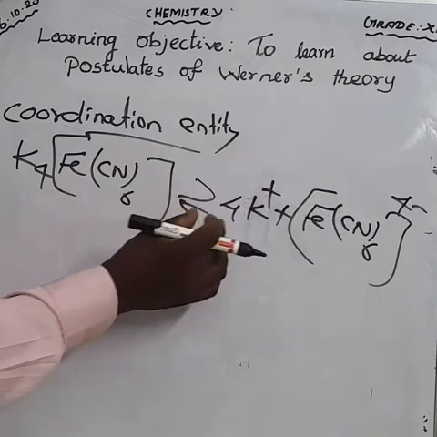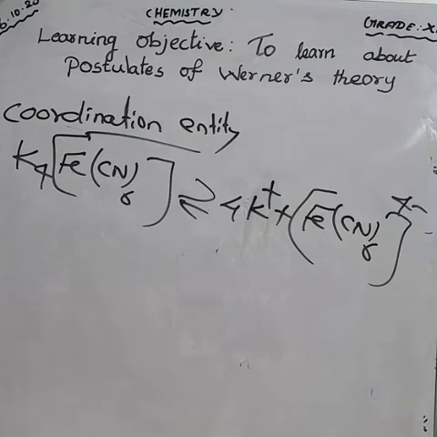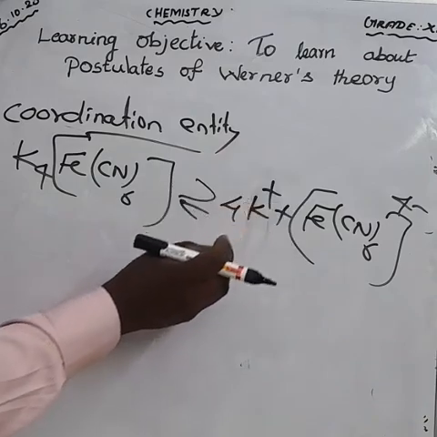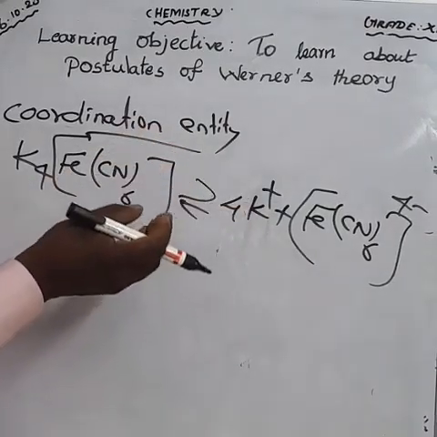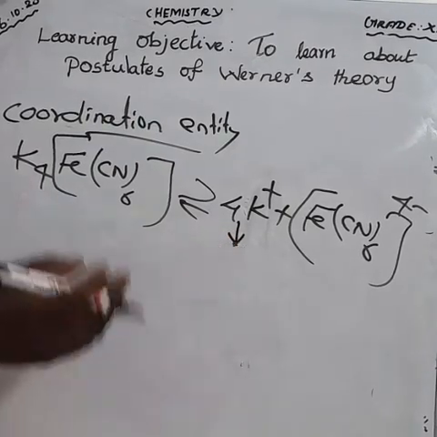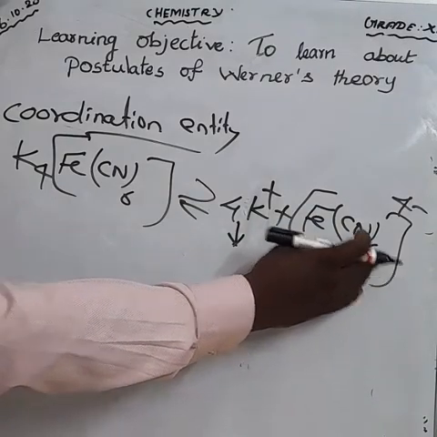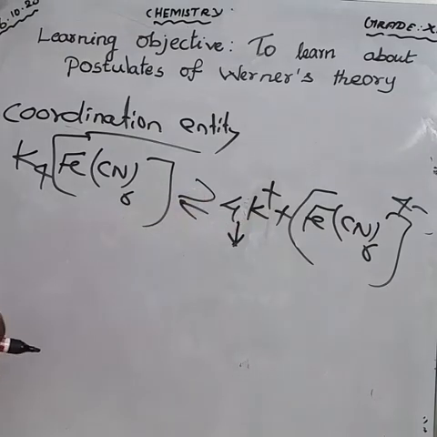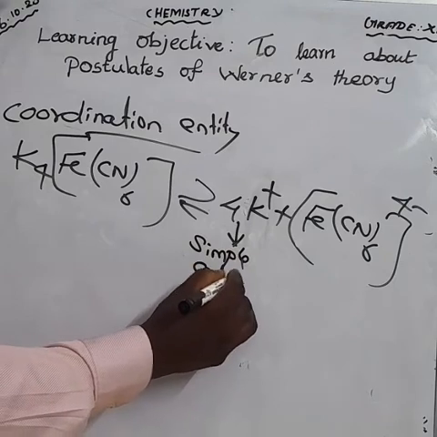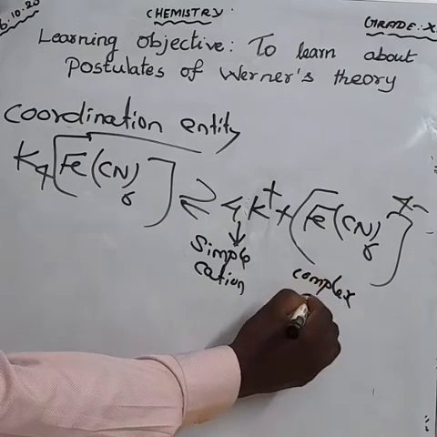It ionizes into K+ and the [Fe(CN)6]4- ion. K+ is a simple ion, a simple cation, and this is a complex anion. Simple cation, complex anion.